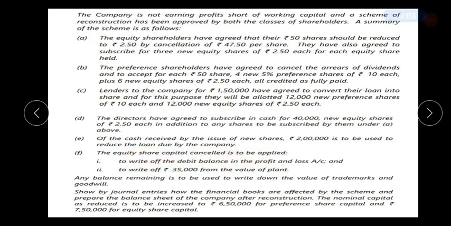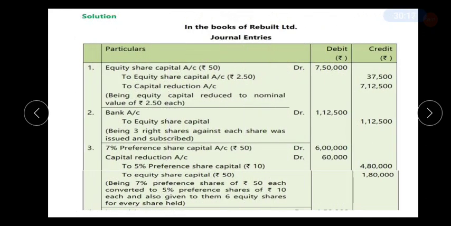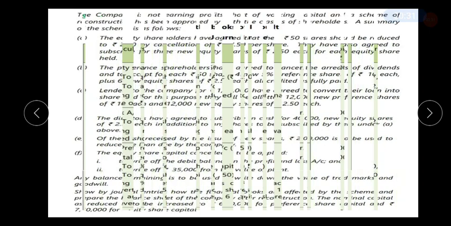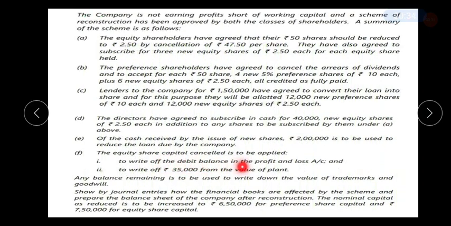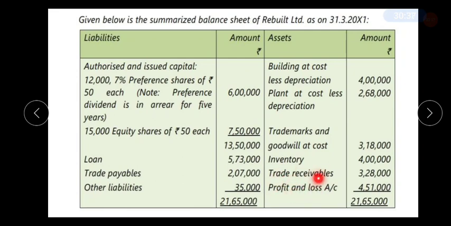So how did you get the capital reduction account credit balance? You got the capital reduction account credit balance by cancellation of equity shares only, right? So this cancellation of equity share, nothing but capital reduction balance, is utilized for writing off the debit balance of P&L account. So your job is to write it off first. It's a loss. It should be removed from your balance sheet.